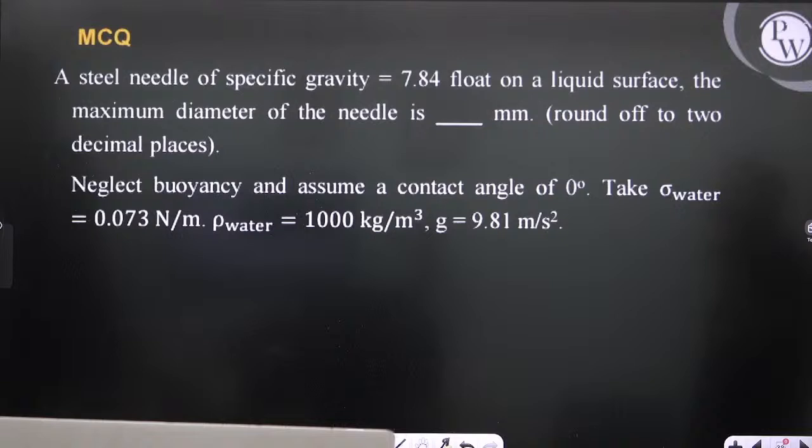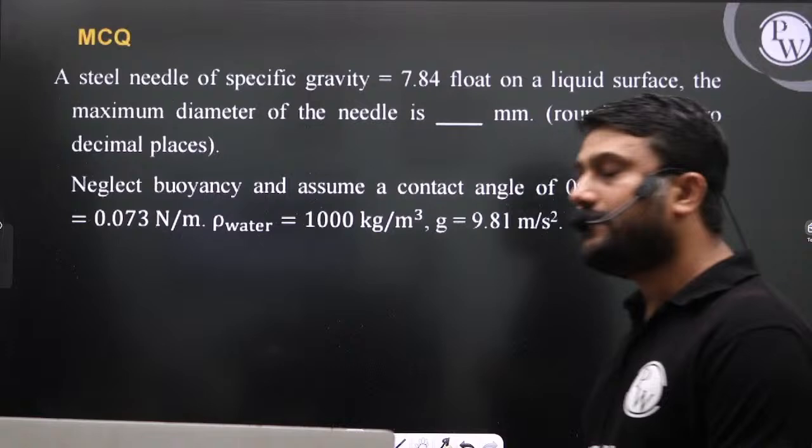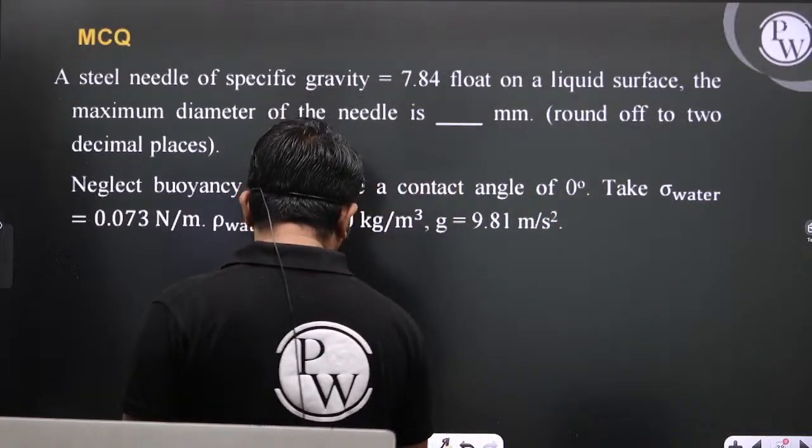So what is the maximum diameter of the needle? Neglect buoyancy and assume contact angle 0 degree. Take sigma, the surface tension of the water, as 0.073 Newton per meter. Density of water is 1000 kg per meter cube and gravitational acceleration is 9.81 meter per second square.